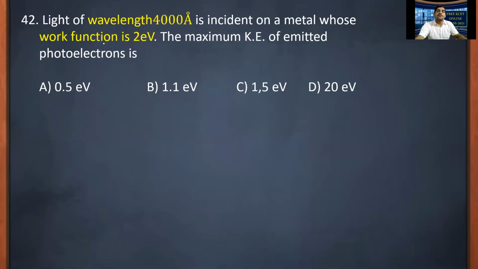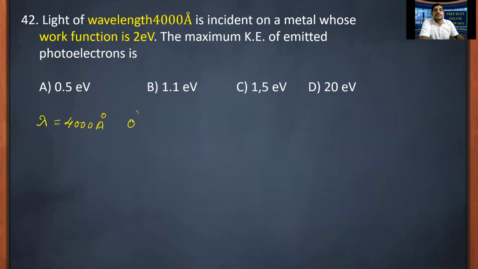Light of wavelength 4000 angstrom is incident on a metal whose work function is 2 electron volt. The maximum kinetic energy of the emitted photoelectron is. So what is the case here? The incident wavelength is 4000 angstrom.